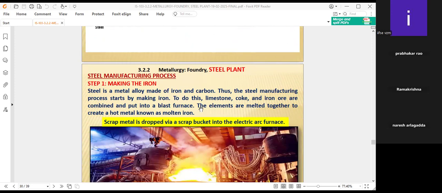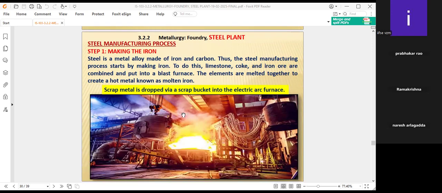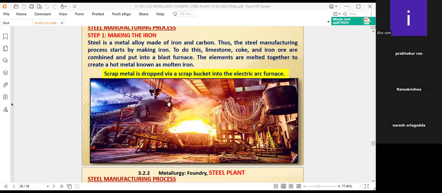Therefore, the elements are melted together and create a hot metal known as molten iron. That is called smelt, as we call it. It is an intermediate stage between the liquid and the solid, that is the molten melt.